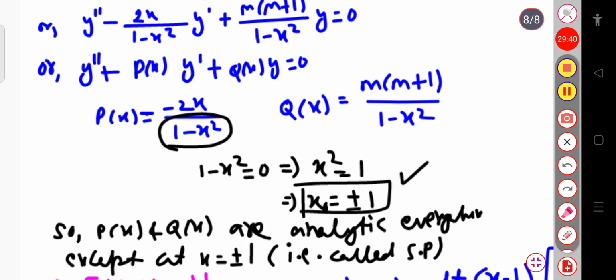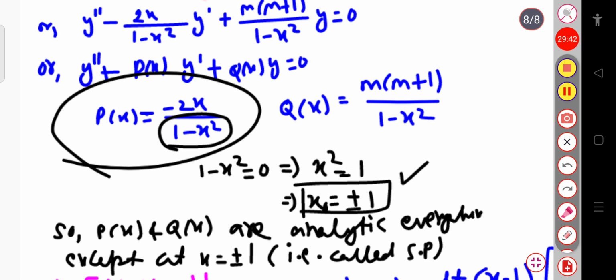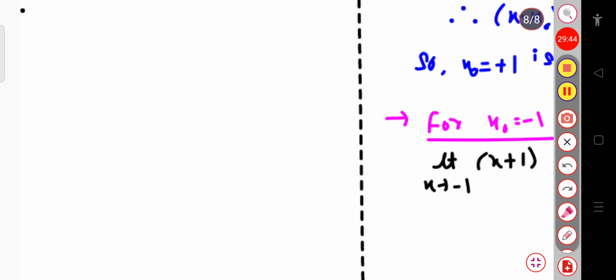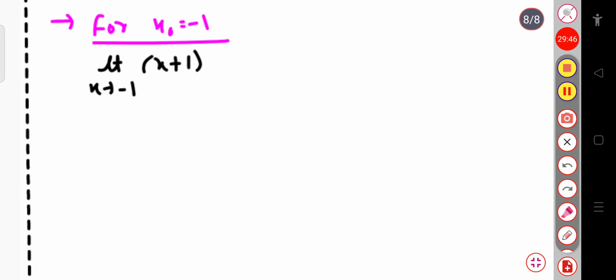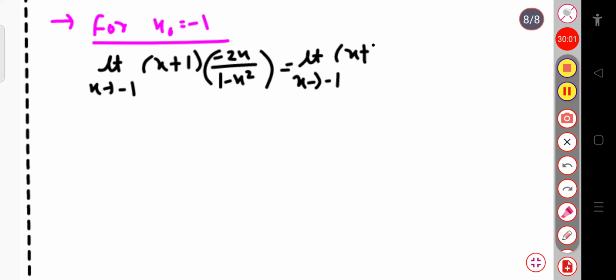So if I write this in the bracket and solve, this will be limit x tends to minus 1, x plus 1 into minus 2x divided by x square minus 1.